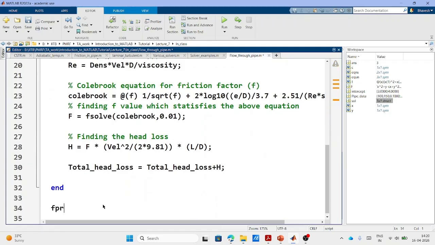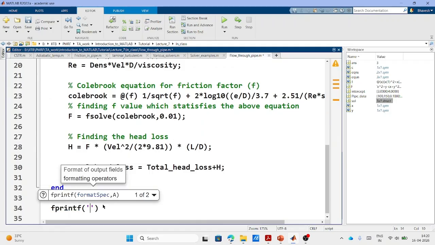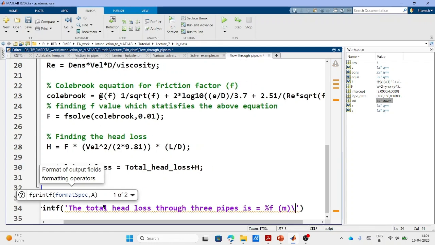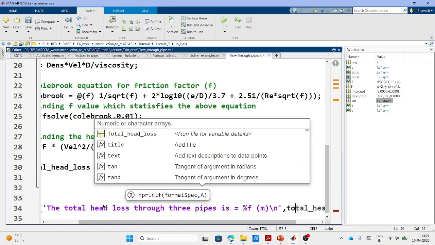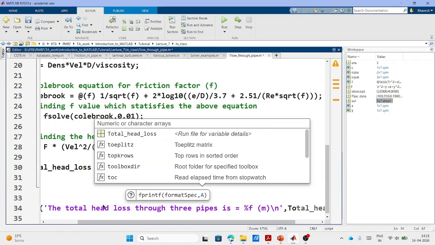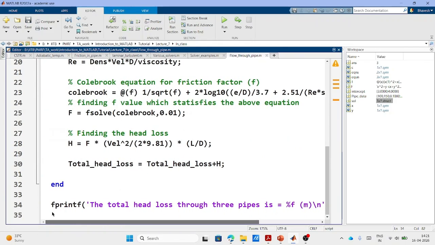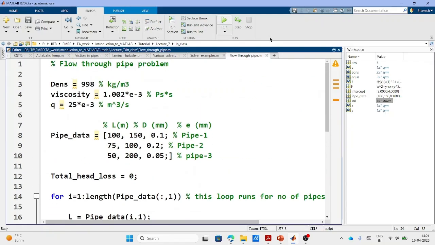And at the end, I will print the total head loss through three pipes is, you can write it as percent f, this is in meter, slash n, comma, total head loss. So this is how we have coded it. Now let's run and see whether it's working or not.